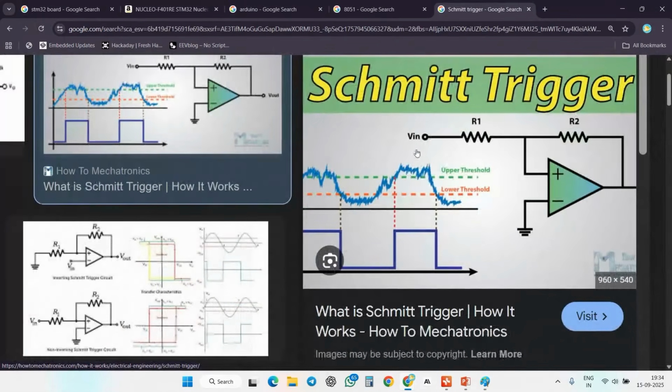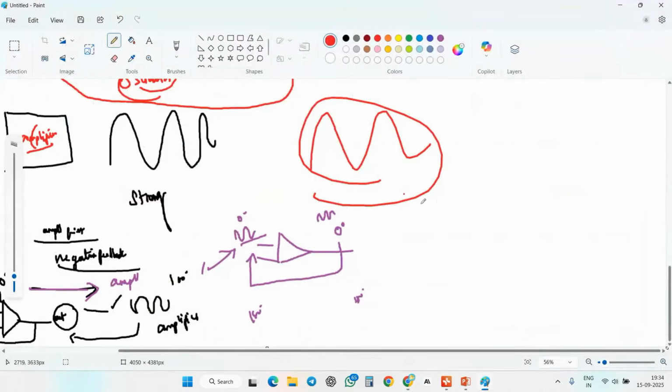So whatever signal you finally get from this operational amplifier, that analog, continuous voltage or current signal is converted into a complete square waveform. You can see it is completely converted into square pulses.